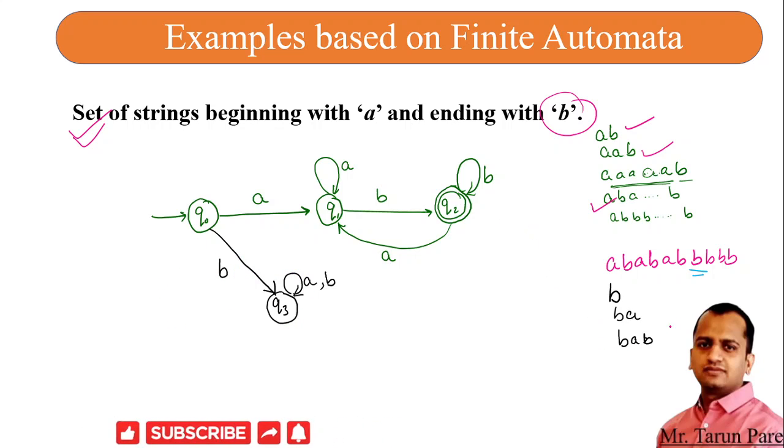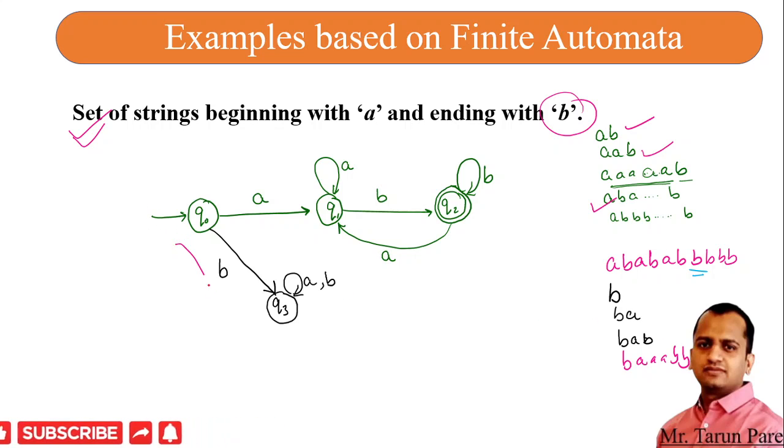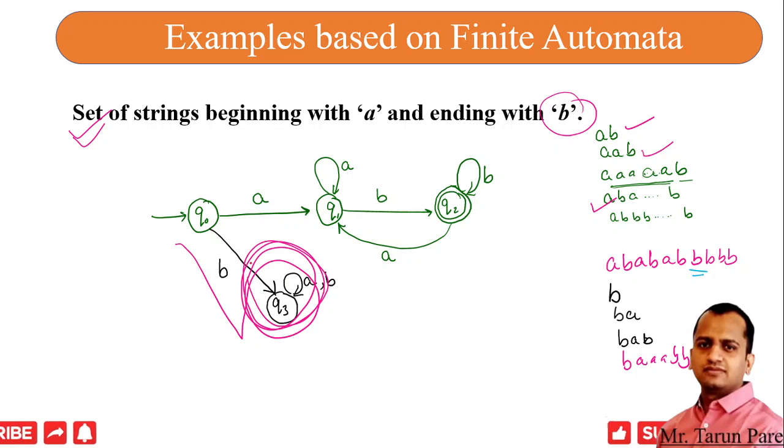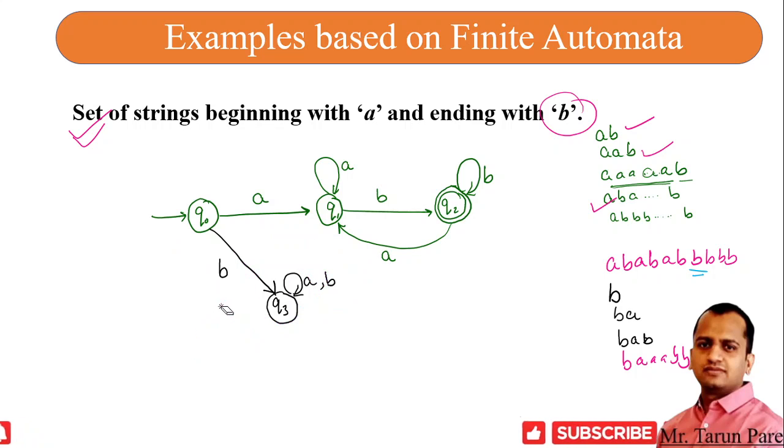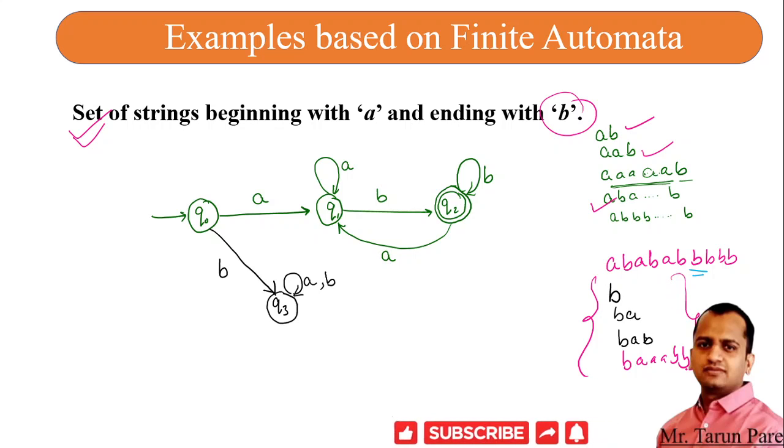Now if we talk about BABB, then this automata is also accepting BAABB. Okay, but the difference between the acceptance of Q3 and Q2 is that whenever these inputs were given to the machine, at that time it will handle the exception.